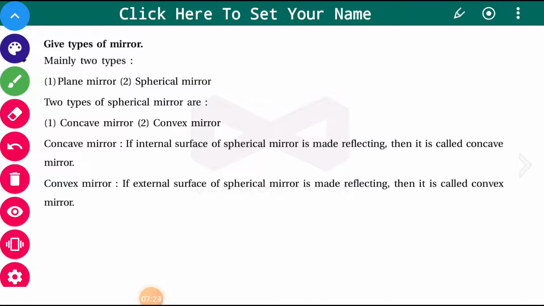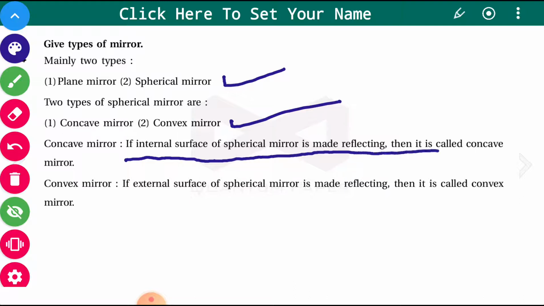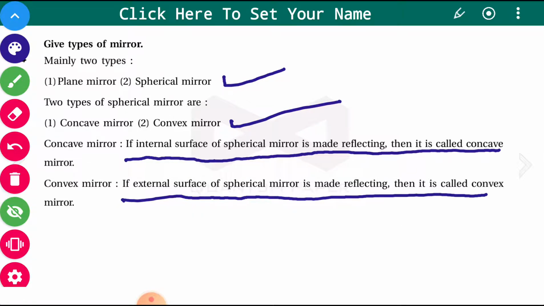Now we shall talk about curved mirrors. Mainly there are two types of mirror in general: the plane mirror and the curved or spherical mirror. In the spherical mirror there are two types, concave mirror and convex mirror. If the internal surface of a spherical mirror is made reflecting, then it is a concave mirror. And if the external, convex surface is made reflecting, then it is called a convex mirror.